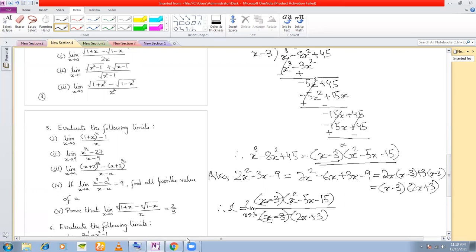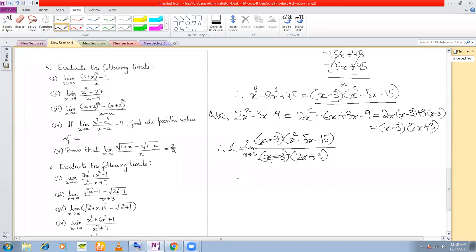So that now x minus 3 and x minus 3 will cancel. Now if you put x is equal to 3, this will become a determinate form. So you get 3 square minus 5 into 3 minus 15 divided by 2 into 3 plus 3. So here you are going to get minus 21 by 3, which is minus 7.